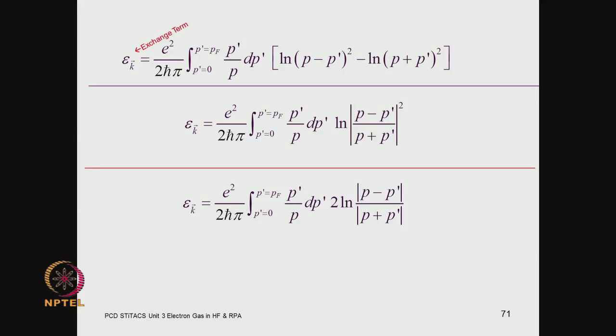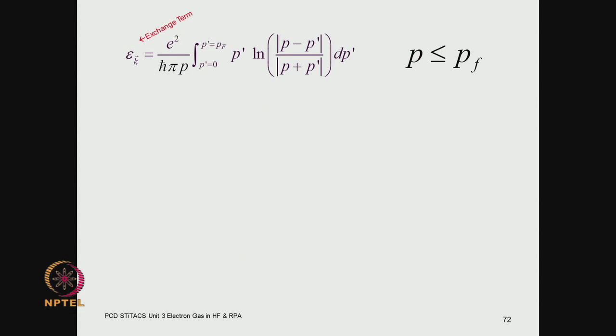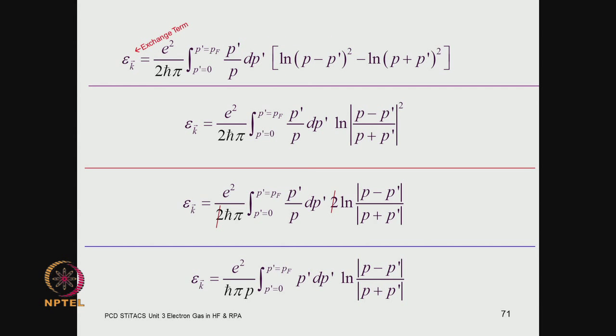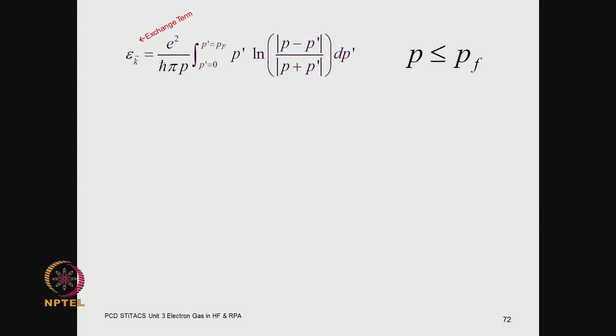You have got the logarithm of the modulus square, so you get a 2 log of that ratio, and you can strike out the factor 2 now, and then without the 2 you have the rest of the term, and that is what gives you the expression for the exchange term as this. Okay?